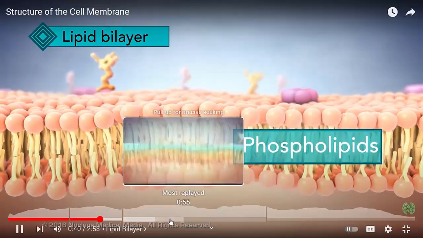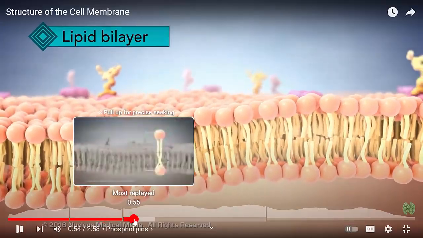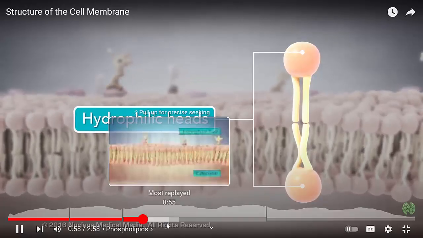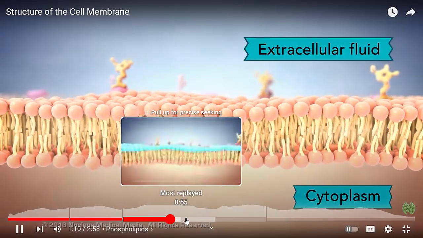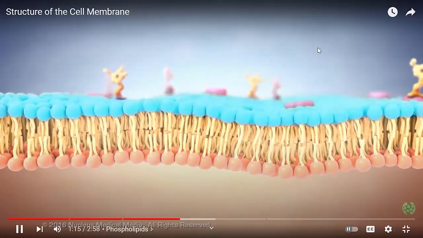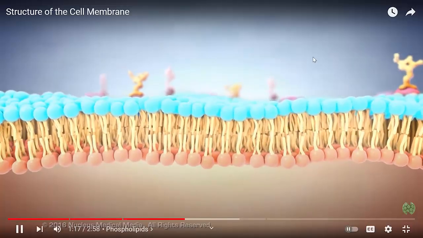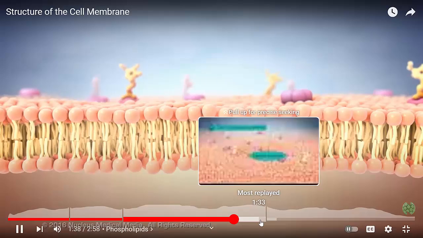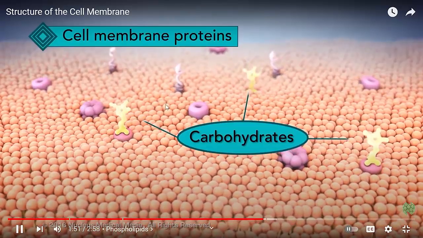You can see the hydrophilic heads and the lipid bilayer tails. The round head portions are hydrophilic, which means they are mostly made up of water. Outside the cell environment, inside the cytoplasm. You can see some of the types of things that embed, carbohydrates.